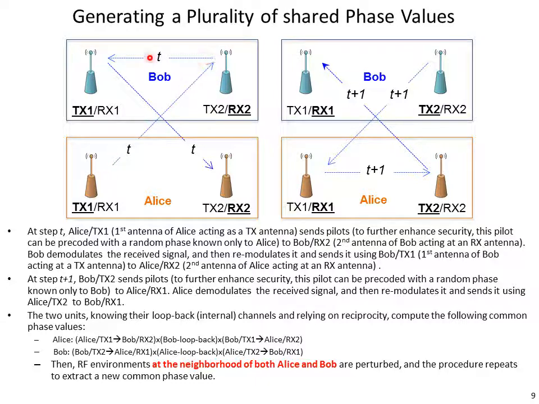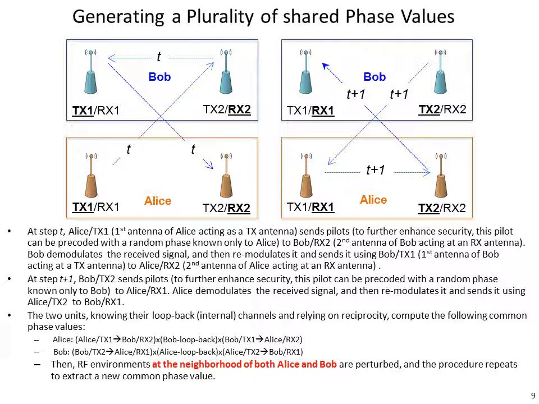Now, if you look at this path that has been traversed, Alice, by comparing the phase of what was originally sent here with what was received finally, can measure the phase in this path.